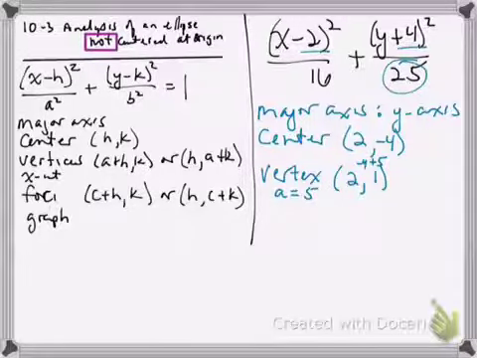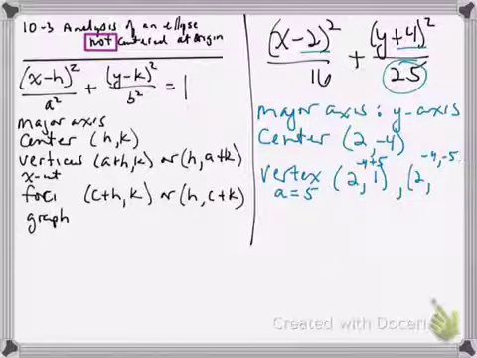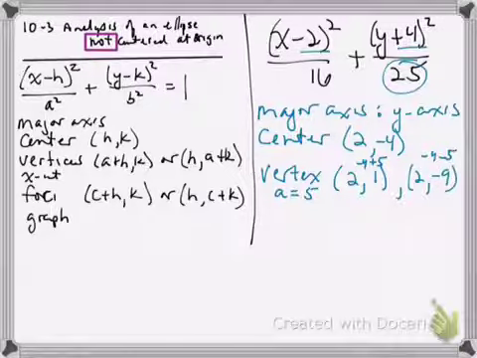And then it's going to be still 2. This time it's negative 4 minus 5, because we go in the other direction, and that's negative 9. So there are our vertices.